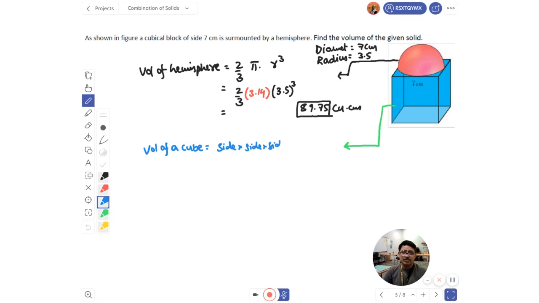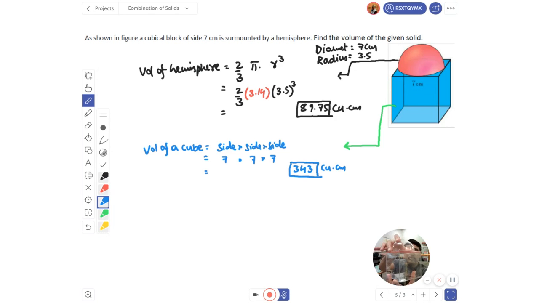So I see 7 centimeters, 7 centimeters, 7. 7 times 7, 49. 49 times 7, it is 343 cubic centimeters.